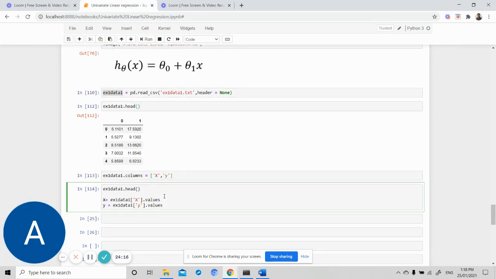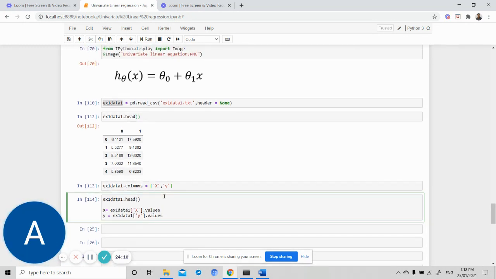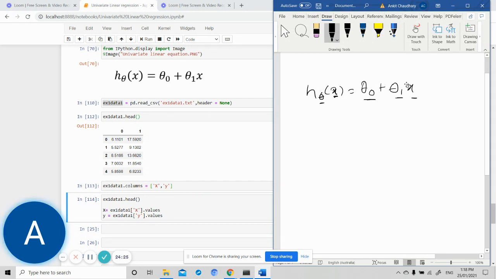So here we will write our hypothesis function. What does this hypothesis mean? This can also be written as h of x equals theta naught x naught plus theta 1 x1.